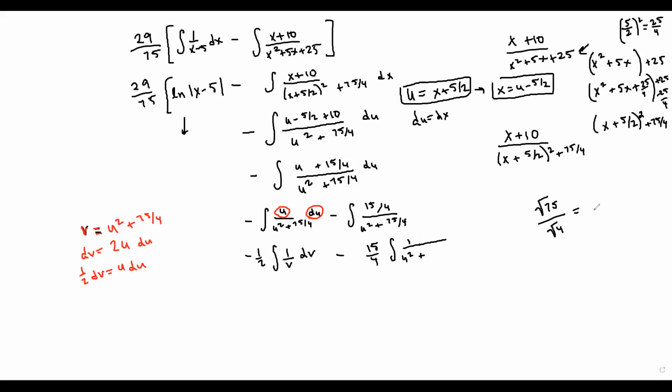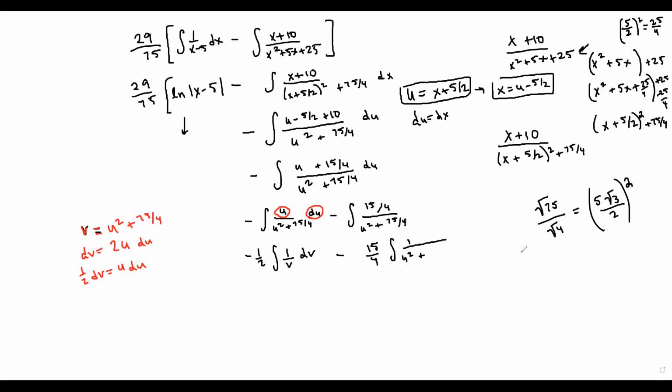That gets me closer to the u squared plus a squared form that we typically see. The square root of 75 is 5 square root of 3, and the square root of 4 is 2. So even though it might not feel normal, we can say that 75 over 4 is the same thing as the quantity 5 times the square root of 3 over 2, squared.